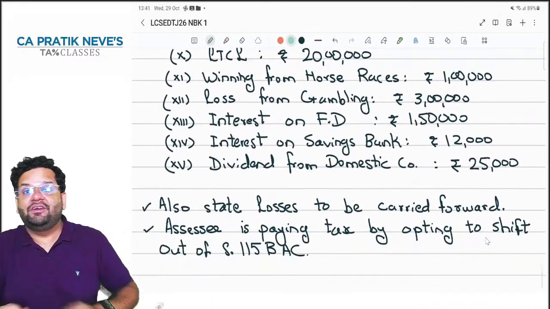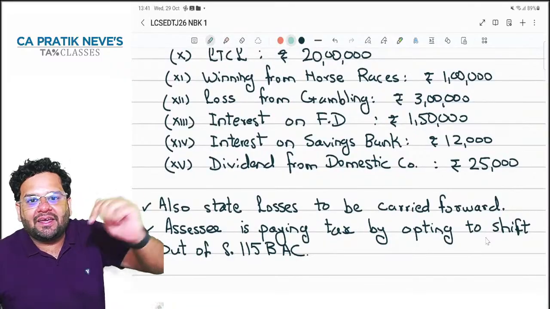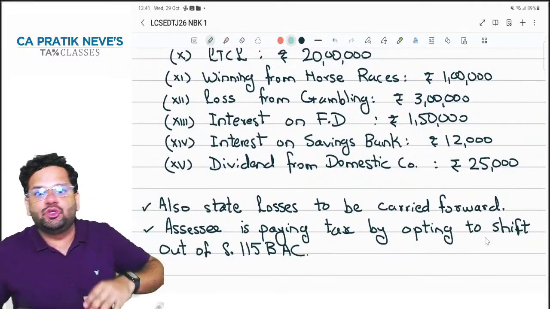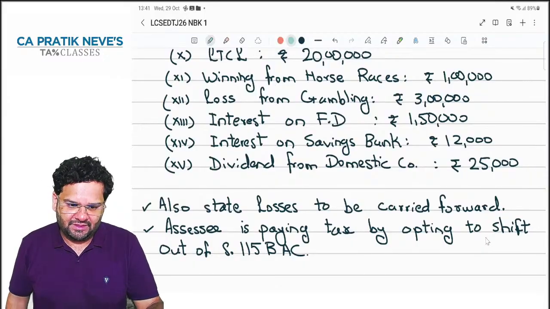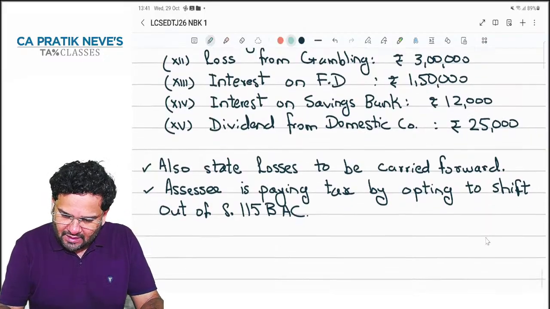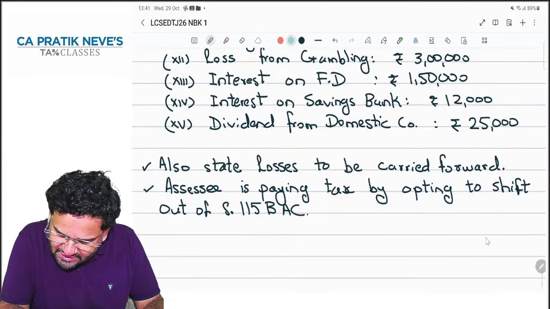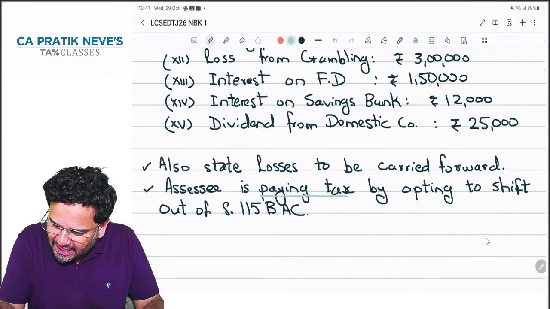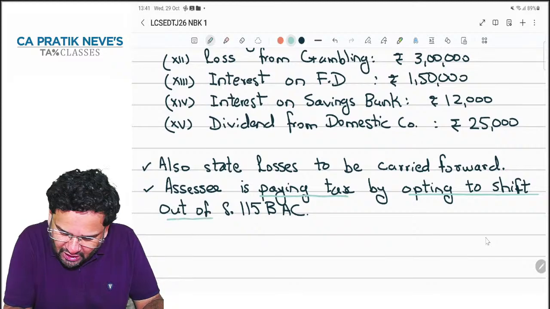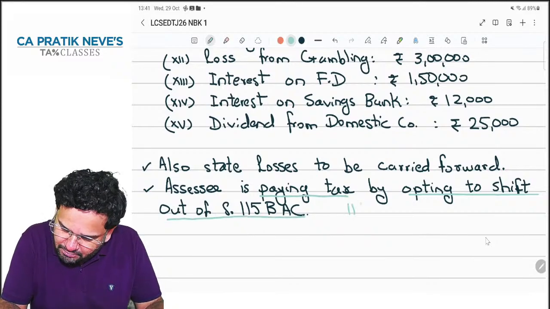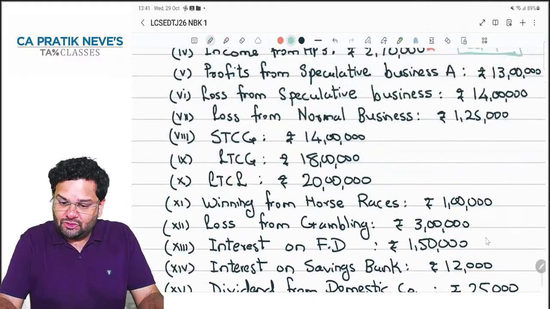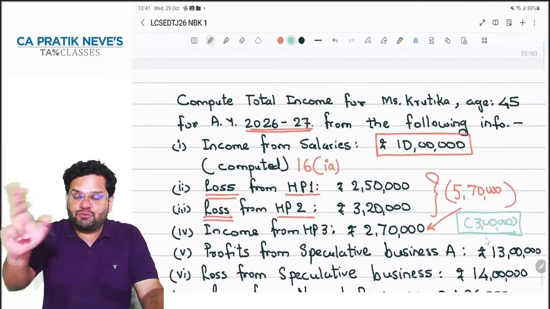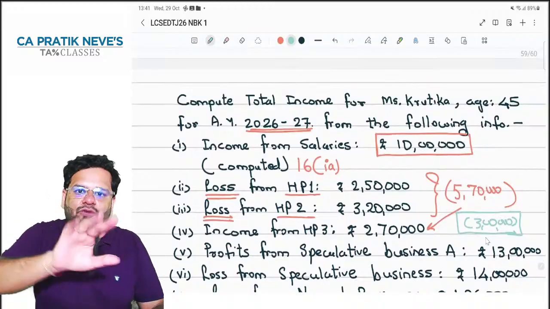First of all, to set off HP loss against other heads of income, you should be out of 115 BAC. Check. What is given here? SSC is paying tax by opting to shift out of 115 BAC. Make sense? So yes, you can set off HP loss against other heads of income.